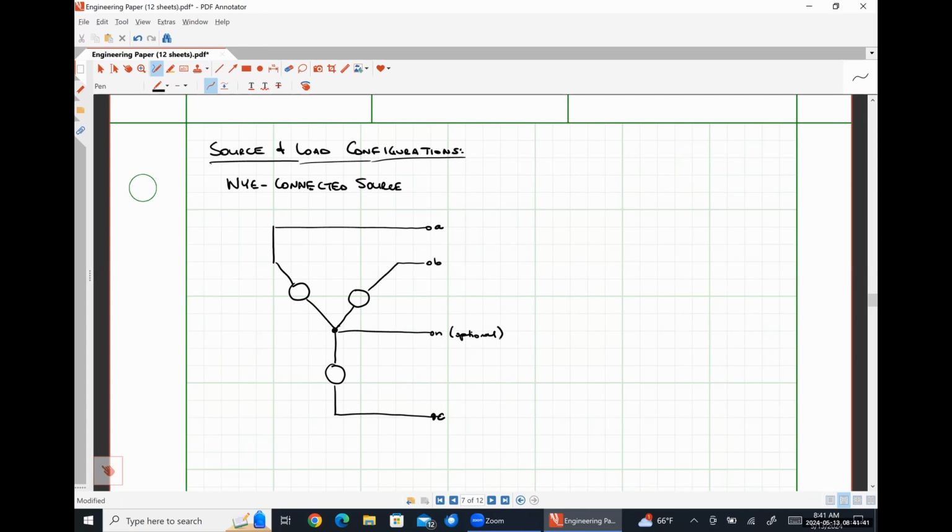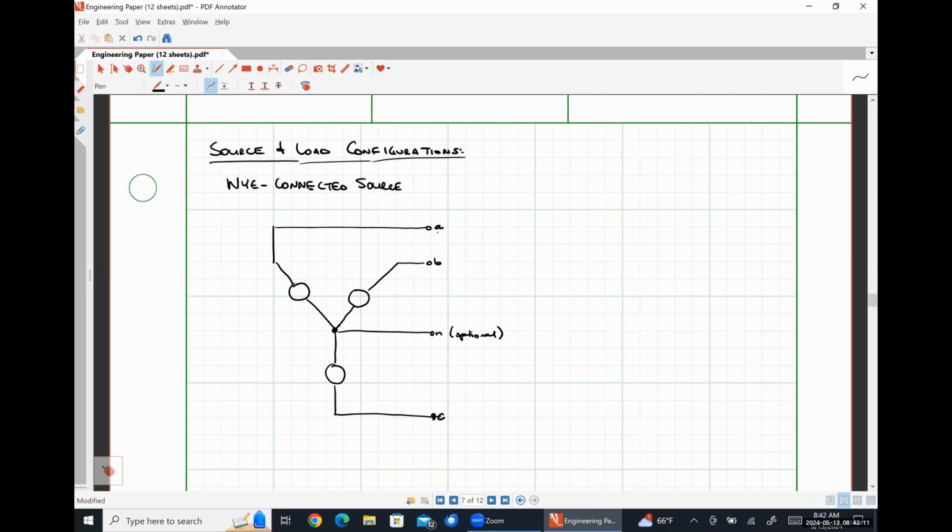What I mean by that very specifically is that we may not have physical access to connect a neutral wire there. So that point of interconnection between those three windings very much exists. It's just we may not be able to connect anything directly to that point. So that's why I'm calling that an optional thing.